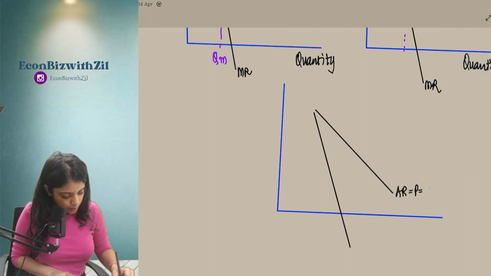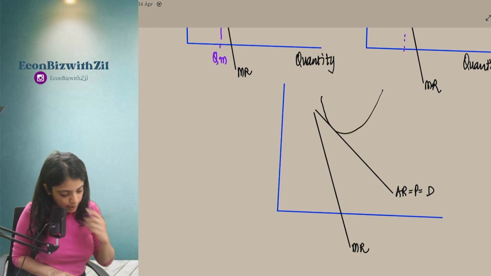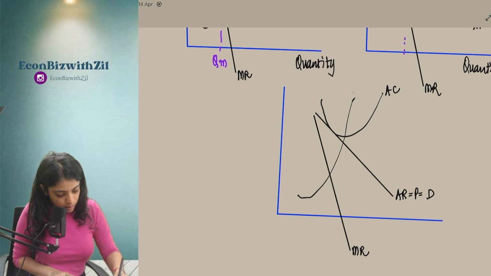AR equals to P equals to D, MR. Then we have my AC, which has to touch P like this. This is AC and MC looks like this, which is it cuts at AC's minimum always.